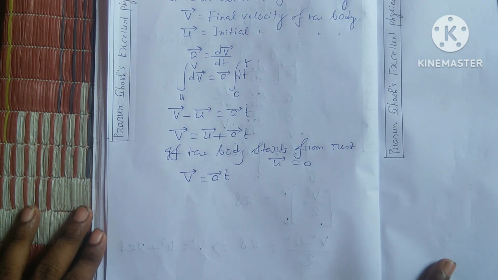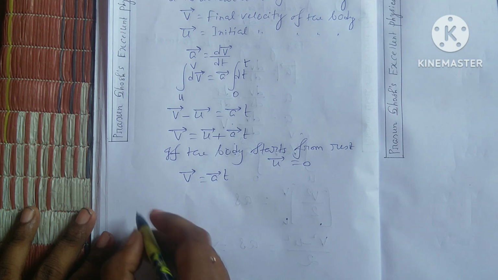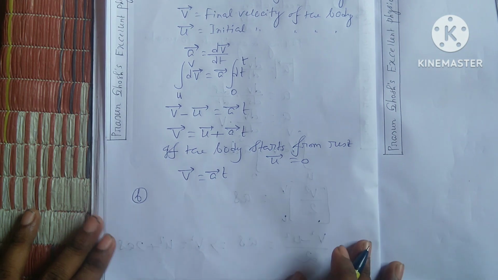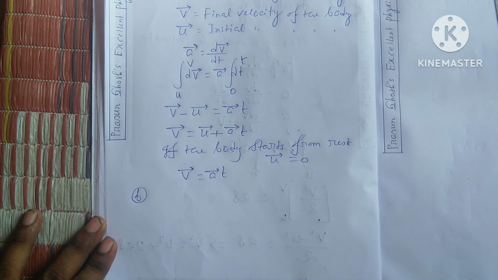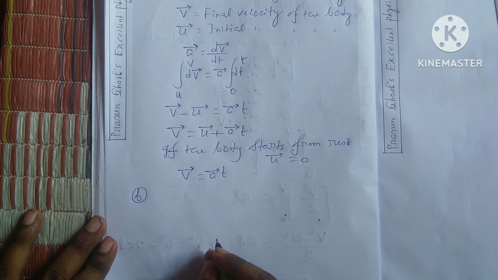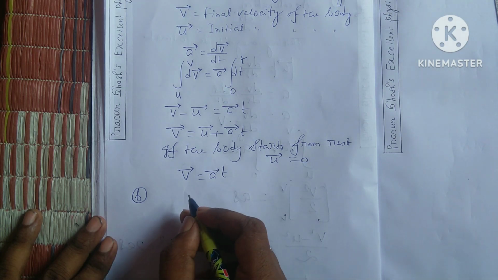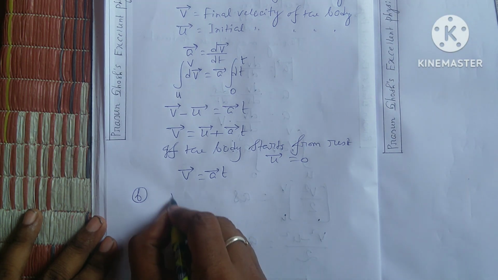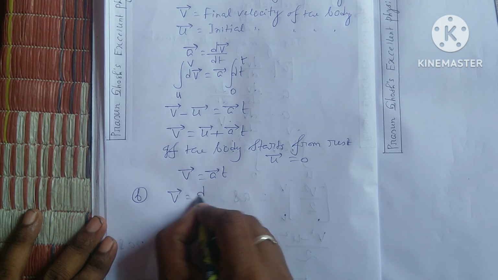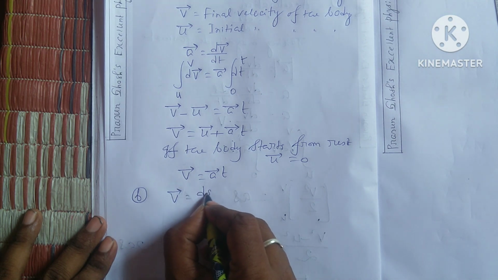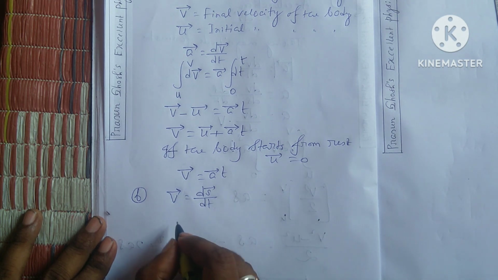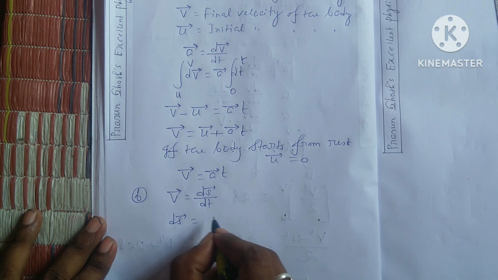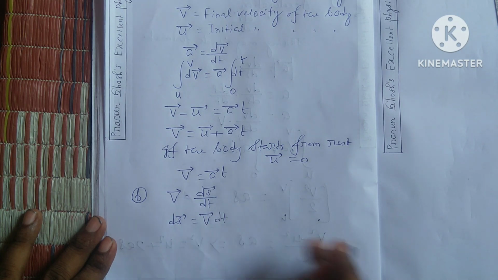Next I come to the next problem, that is problem number B. Here s equals ut plus half at square. So we can write v equals ds by dt. So ds equals v dt.